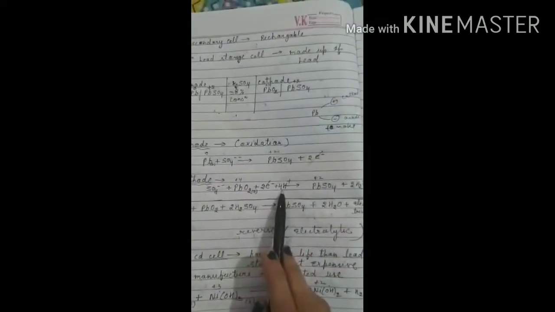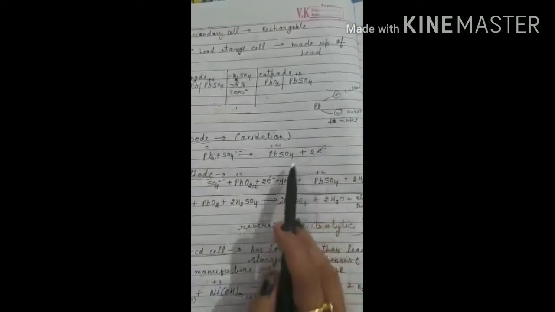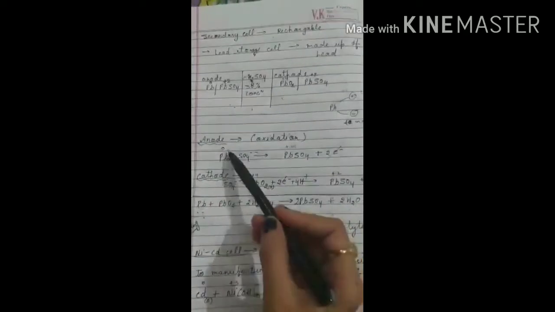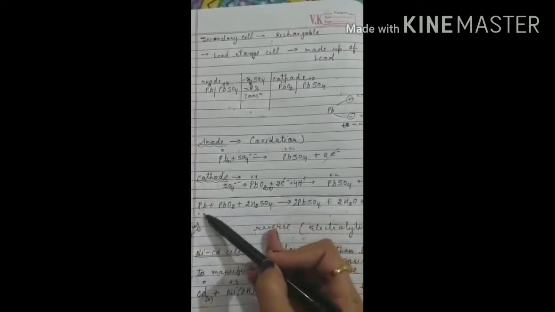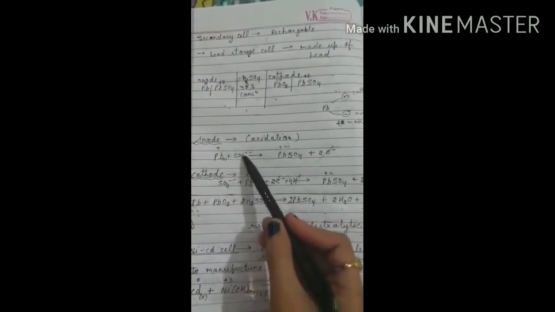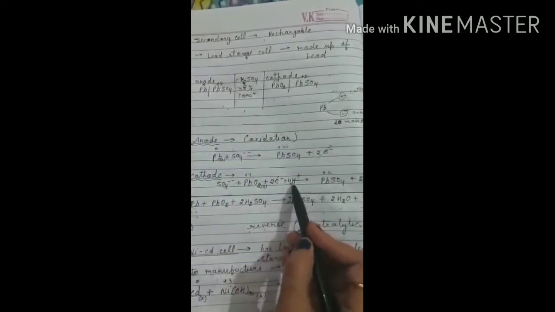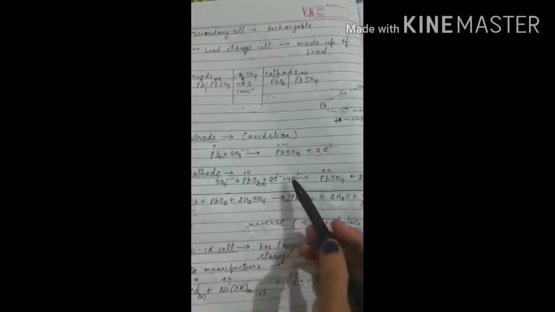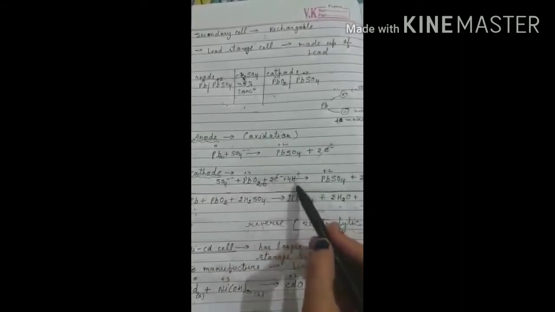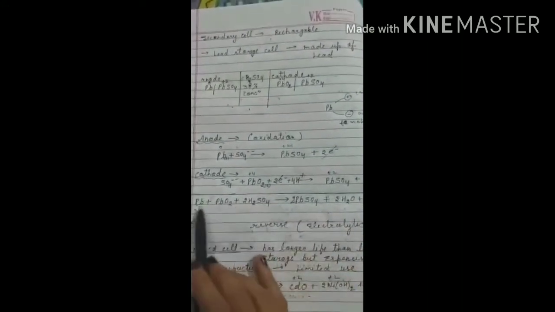Now how do you make the overall cell reaction? Electron to electron will be cancelled. Now let's add both the reactions. Pb is written here, PbO2 written here, SO4 and SO4 become 2SO4, and the total 4H+ can be combined with them: 2 times SO4 and 4H+ become 2H2SO4. So the left portion is completed.